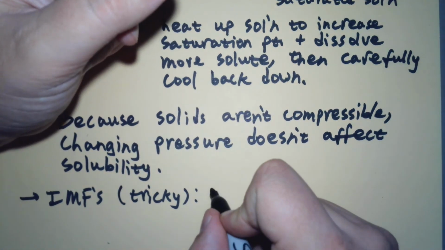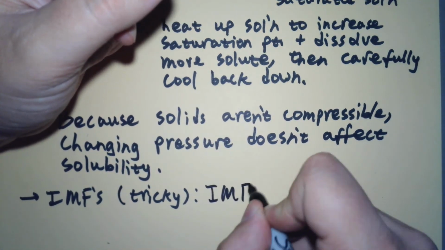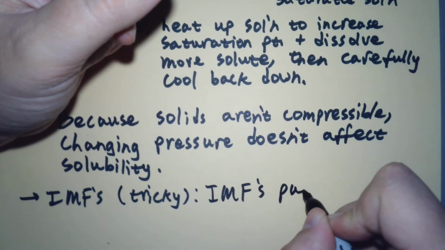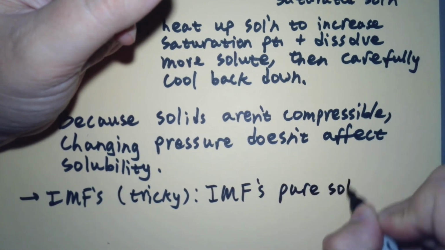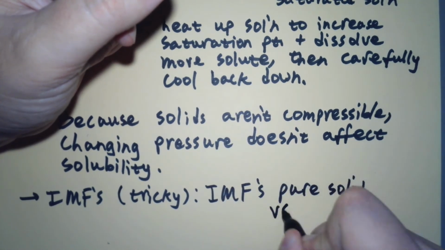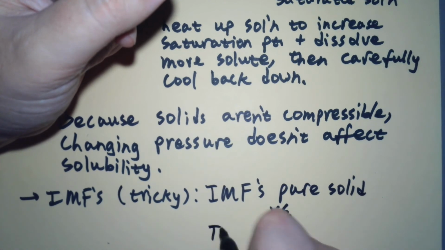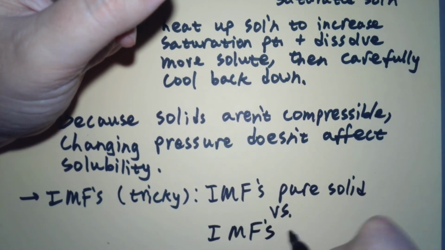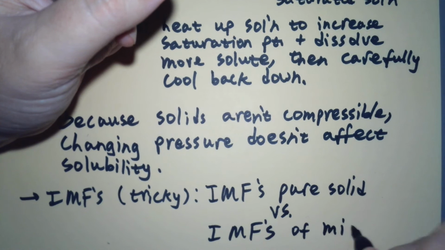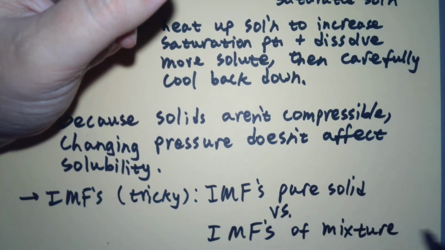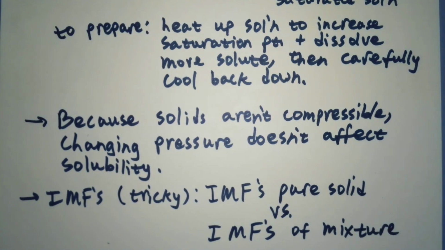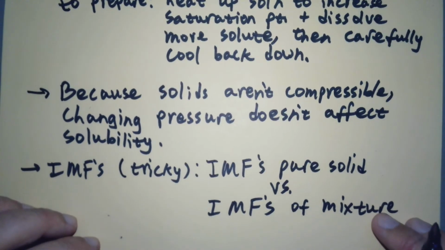it's tricky, right? It's the intermolecular forces of our pure solid versus the IMFs of the mixture. And so it's tricky, so we're not going to worry about it too much.